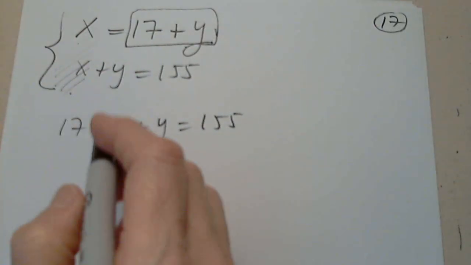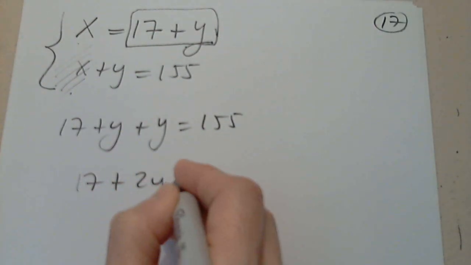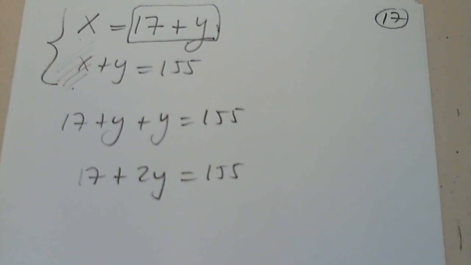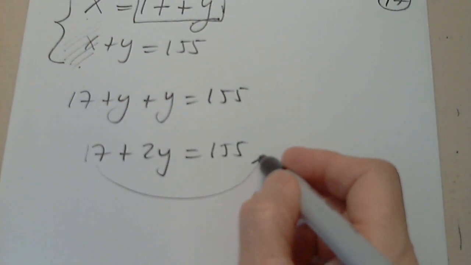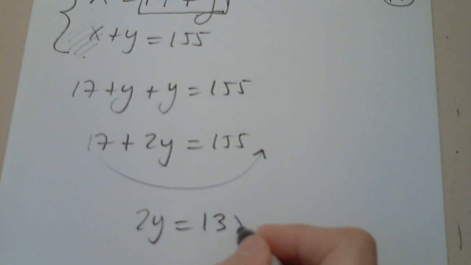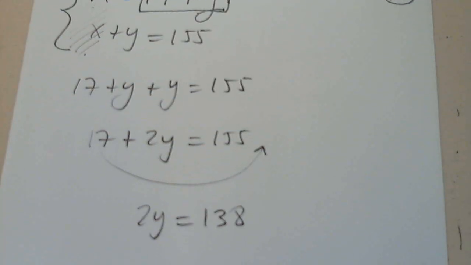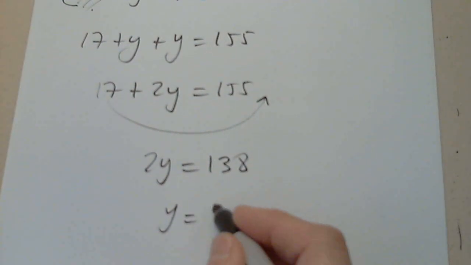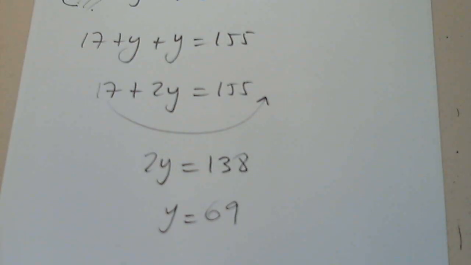Clean it up. 17 plus 2y equals 155. Subtract 17. So 138. Divide both sides by 2, and I get 69.